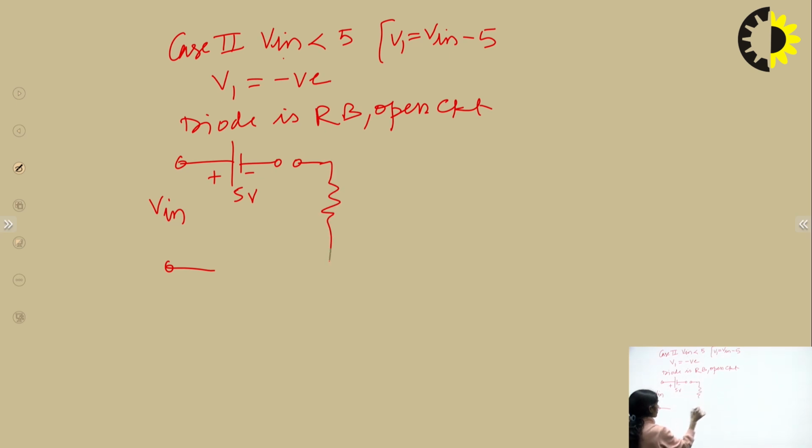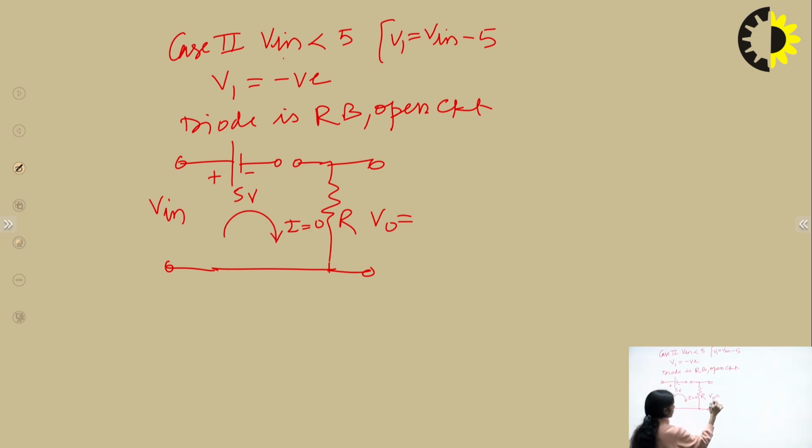So again in the open circuit condition, we will get the current equal to 0, I equals 0, and accordingly V out is equal to I into R. So V out is coming out to be 0 here. So what we will see here, for the less than 5 condition, for some portion of the positive cycle and the negative cycle, the output is coming out to be 0.